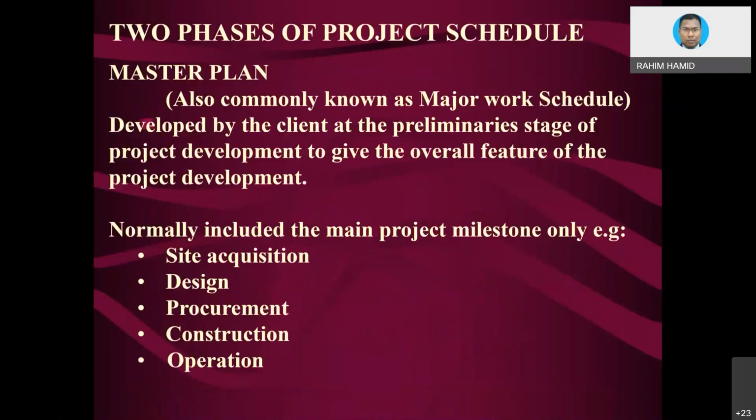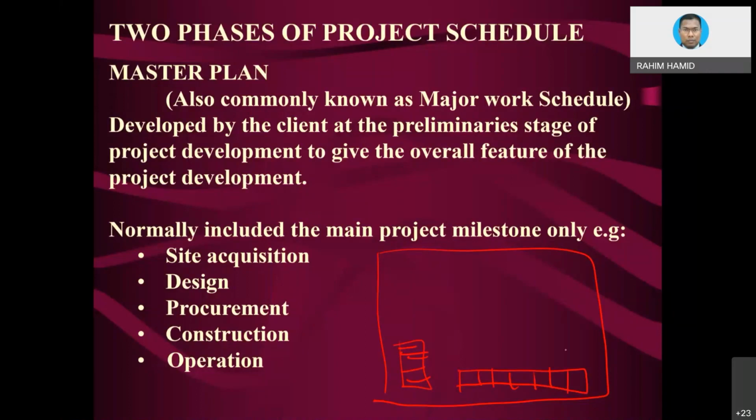Now, talking about the master plan and the detailed plan. The master plan normally is the plan that consists of big or major activities. Let's say on a piece of land that you develop, it may consist of shop houses, terrace houses, tall buildings, a mosque, for instance, a school, etc., a full development.